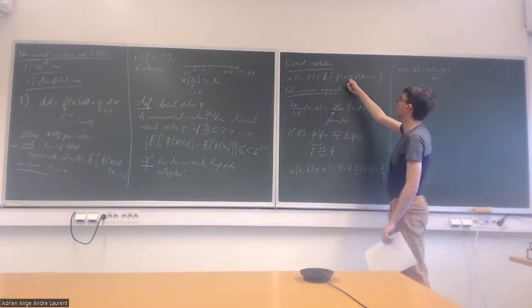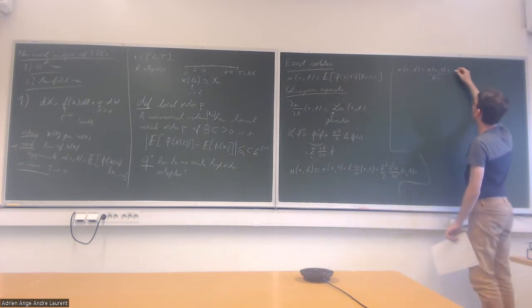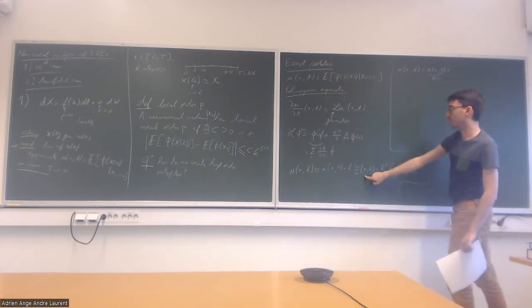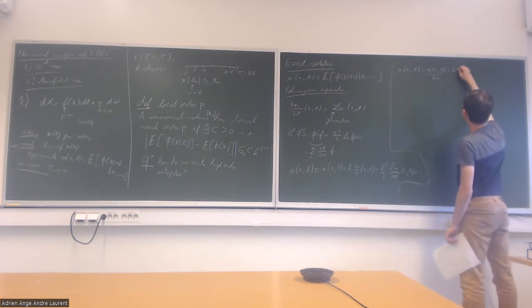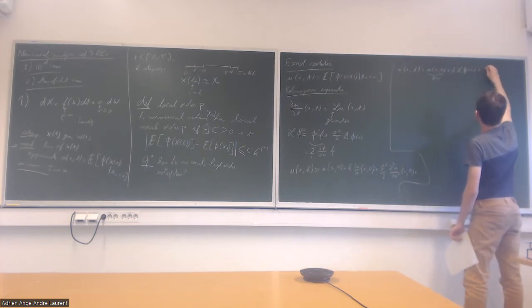If you put t equals 0 in this, it's phi of x. Plus we replace this term by L u at time 0, so it's just L phi. And then we move on.